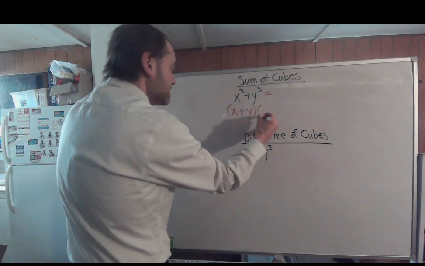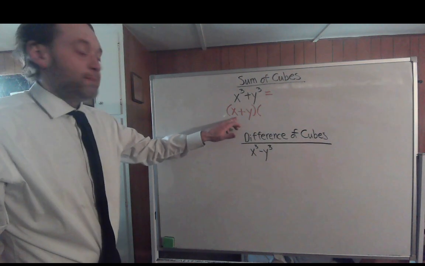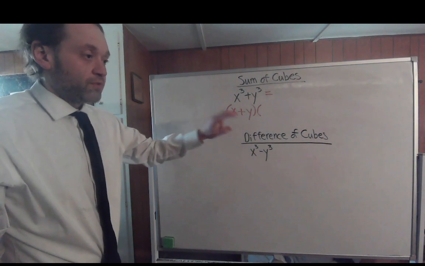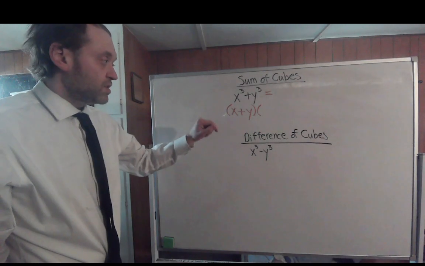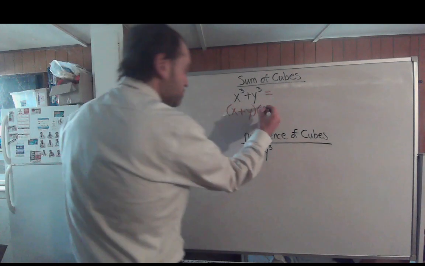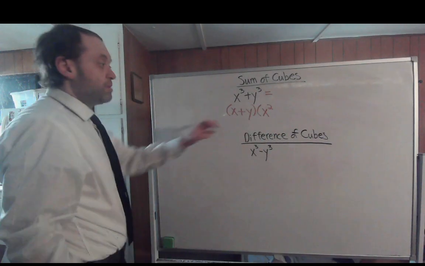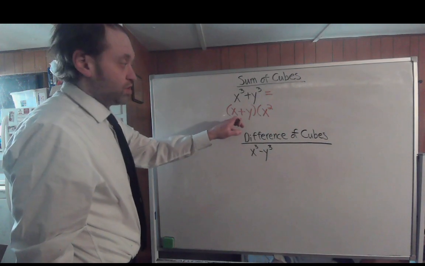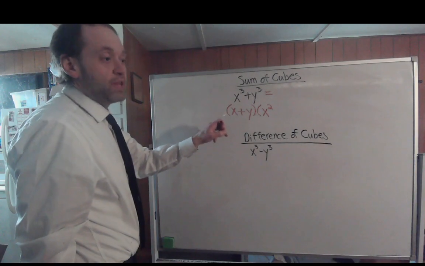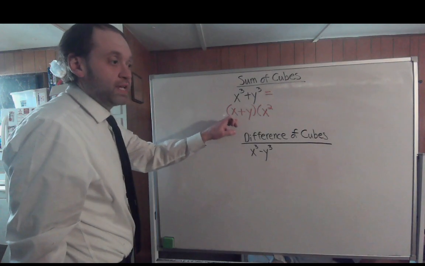Now here's where it gets fun. Take your first quantity, and to form your second factor, you'll square your first term. So x squared is, well, x squared. Then you're going to multiply the two terms, x and y. Well, that would give you xy, but you always negate that multiplication.